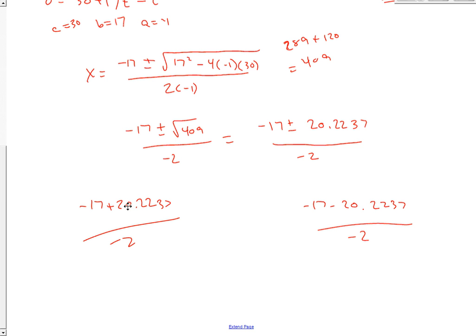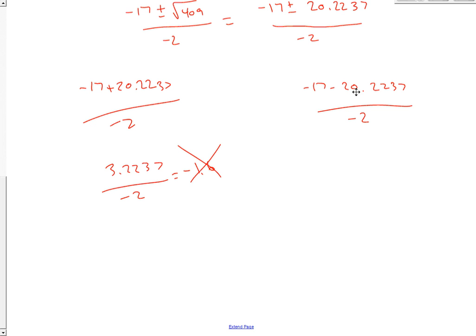If I add negative 17 to 20.2237, I get 3.2237 divided by negative 2, which is negative 1.6. I cannot have a negative time value, so that's not going to work.